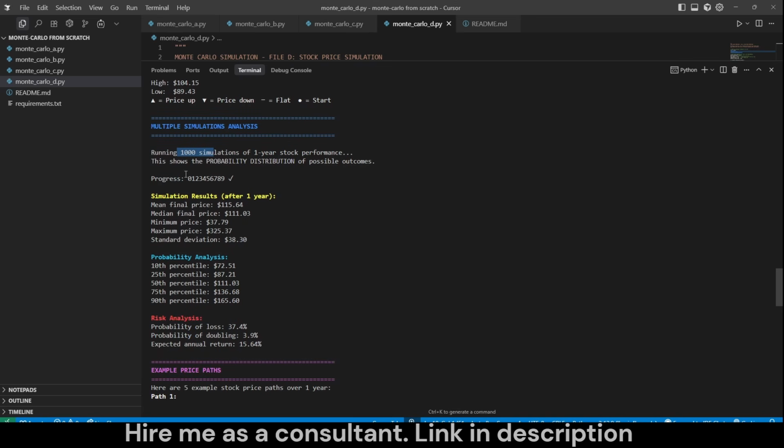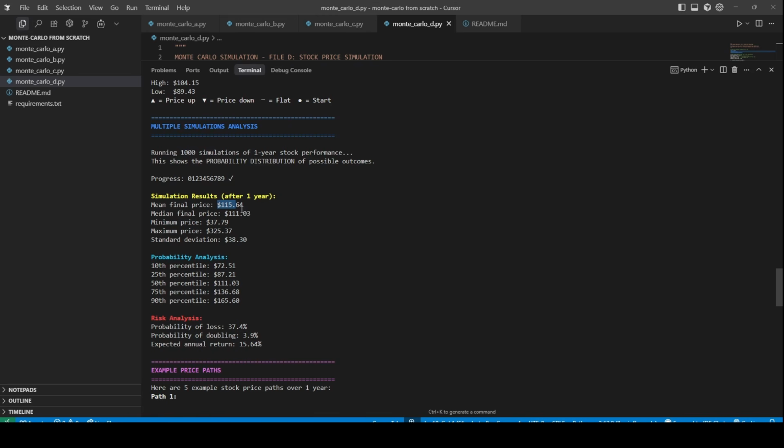times. So when we do it this way, we find the mean final price across all simulations is 115, so that's about 15% up. Median price is 111, that is the price right in the middle of the distribution. Minimum price is 37, so it actually went from $100 to $37.